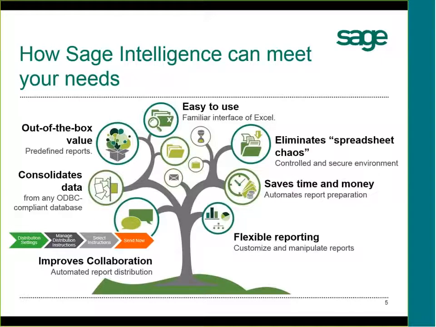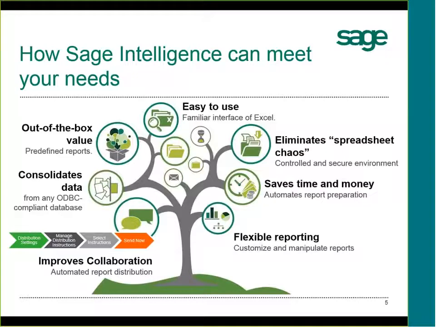So many, many options for you to distribute your reports once you've created them. You can also do this automatically, so you can schedule it to be run and maybe sent to a folder or sent within an email, and you can schedule that task or that report to be sent.